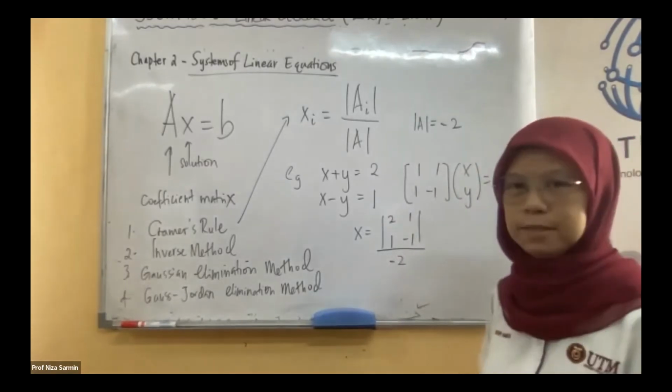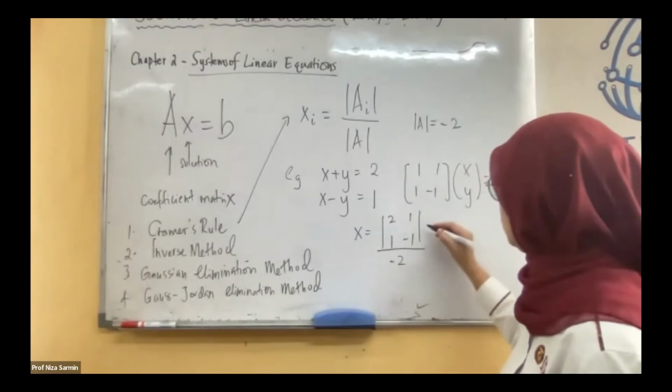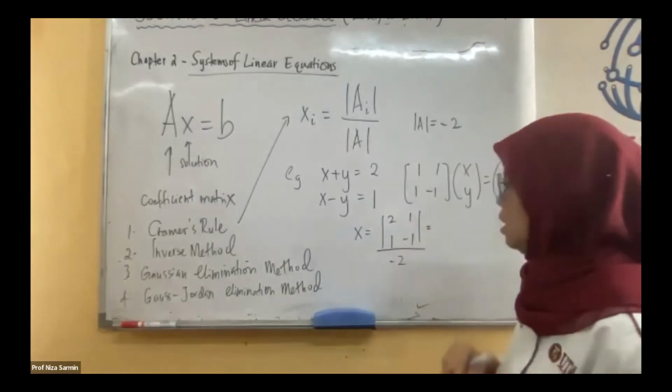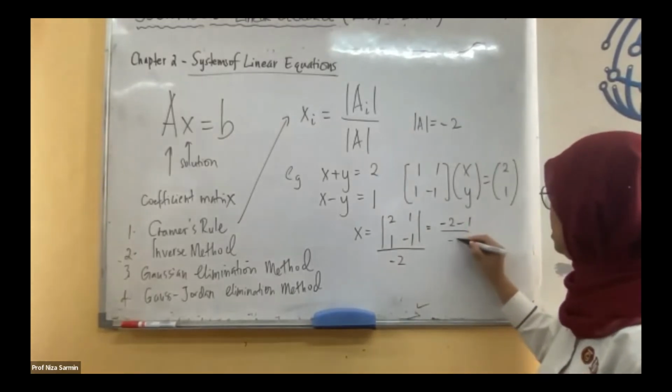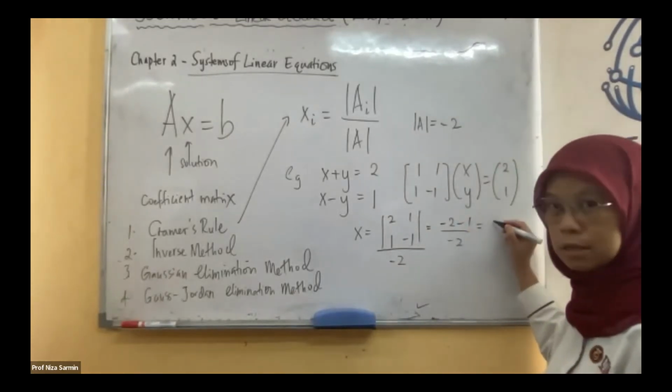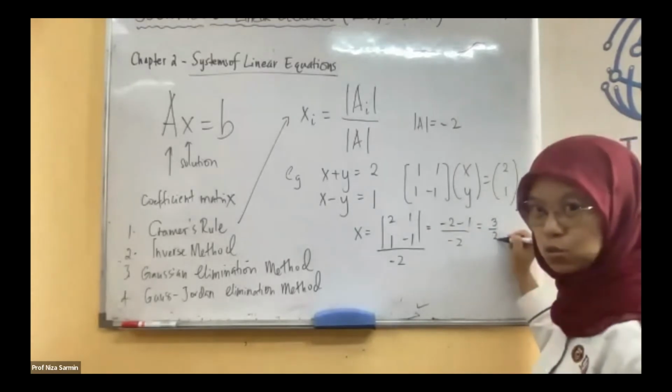So this is negative 2 minus 1, over negative 2, is 3 over 2.